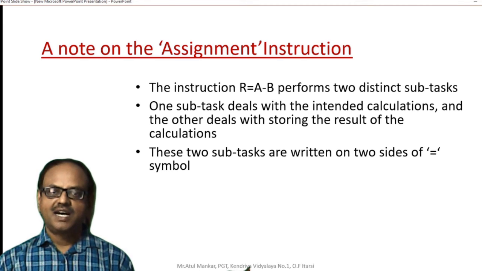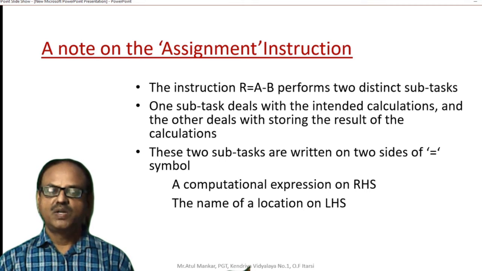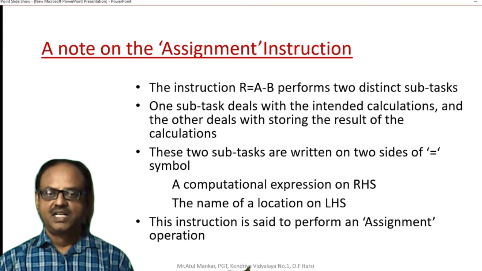These two subtasks are written on the sides by the symbol equal to, a computational expression on the right-hand side and the name of the location on the left-hand side. The instruction is said to perform an assignment operation.